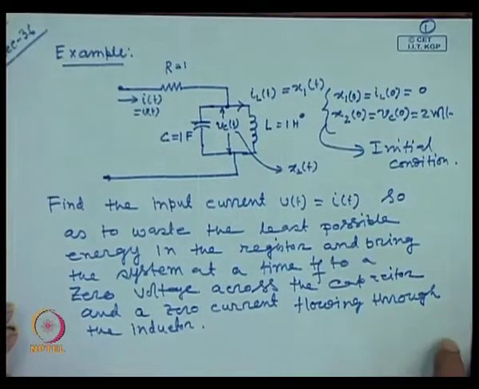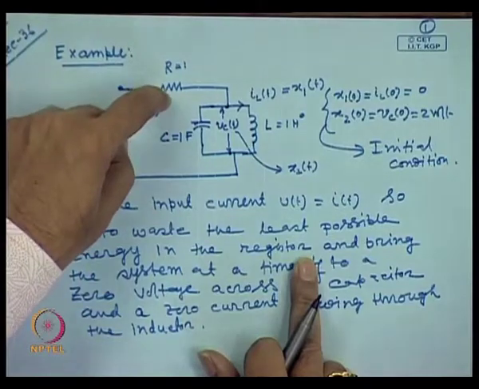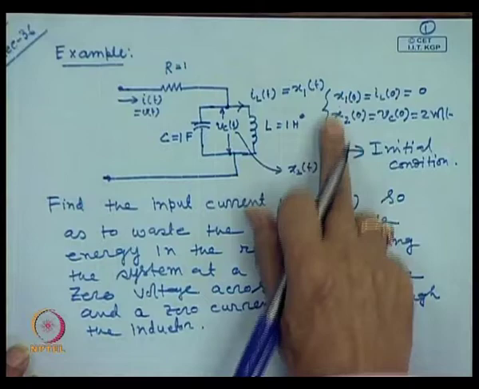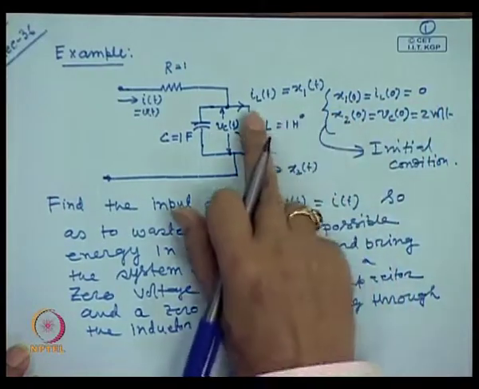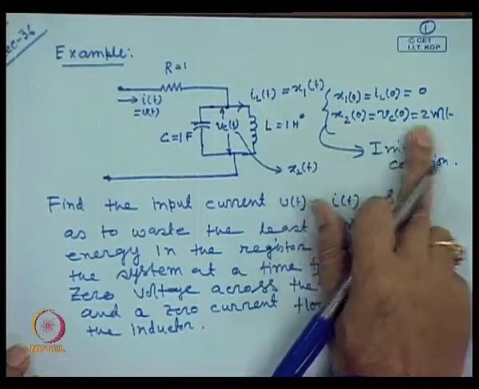So, now you say this is our control problem. What do we have to optimize? We have to optimize so that the power loss in the resistor part is minimum. So, the initial condition: the current flowing through the inductor is 0 and the voltage across the capacitor is 2.